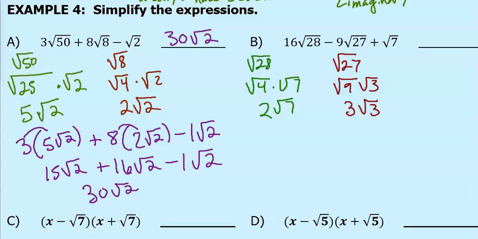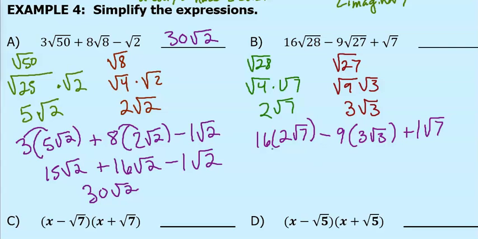Okay, and then replace those in the original. So you have 16 times 2 square root 7 minus 9, parentheses, 3 square root 3 plus 1 square root 7. Okay, 16 times 2 is 32. Then minus 27 square root 3 plus 1 square root 7.